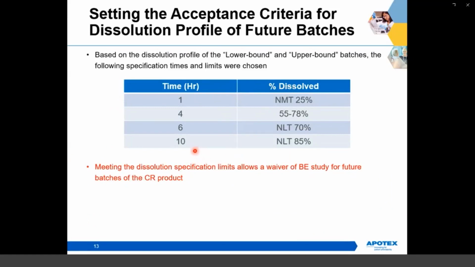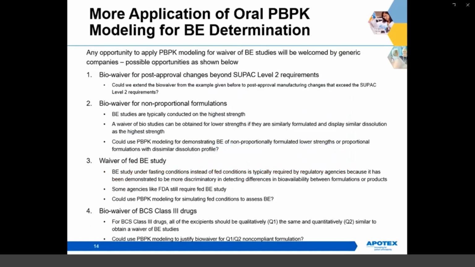By meeting the dissolution specification limit, a waiver of BE study can be granted for future batches of the CR product. What I have just discussed is a common application of PBPK modeling for BE determinations.